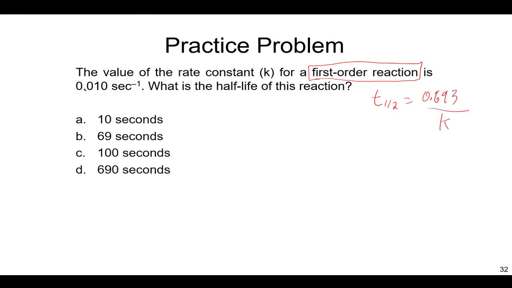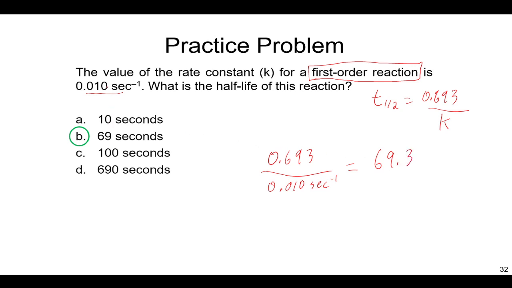So if we know the value of the rate constant, which it gives us, the half-life for the reaction, well, that's easy. It's 0.693 divided by 0.010 seconds to the -1. Okay, and then this means the answer here should be 69.3 seconds.